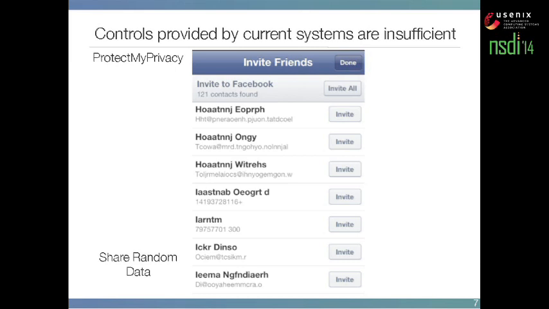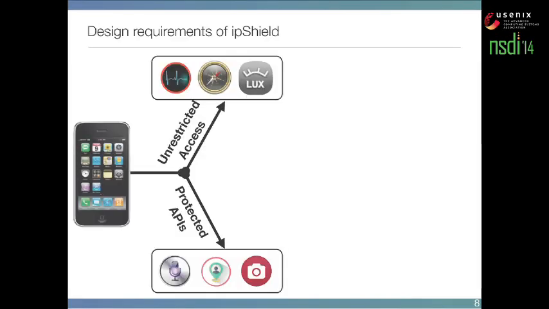But what we are advocating as part of our system is that the user should only be required to configure these privacy policies at a much higher level abstraction of inferences that could be derived from the sensor data. And it should be the onus or the responsibility of the system to take these higher level preferences and drill them down to lower level rules which can then be enforced on the sensors. So with that goal in mind, let's look at the design requirements for ipShield, which is our inference firewall.